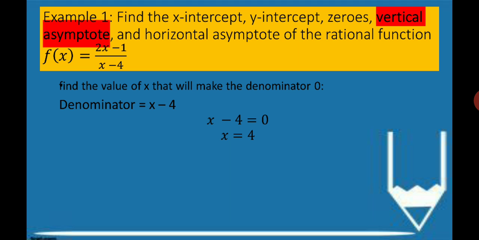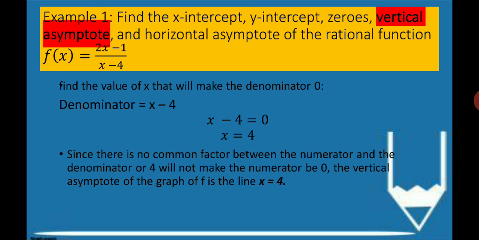Therefore, our vertical asymptote is the line x equal to 4. Since there is no common factor between the numerator and the denominator, or rather 4 will not make the numerator equal to 0, we can finally conclude that the vertical asymptote of the function f is the line x equal to 4.